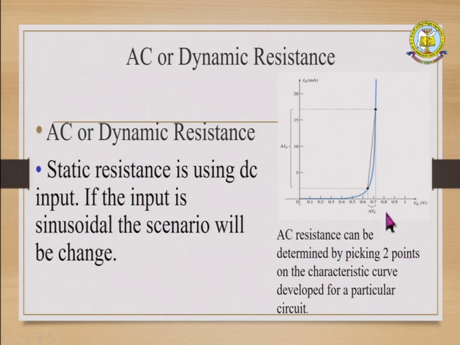Delta ID is the y axis value and delta VD is the x axis value; you take both values. After that, draw the graph, where the value is slowly constant and then slowly increasing. Between these 2 points on the characteristics curve, it is developed for the particular point.